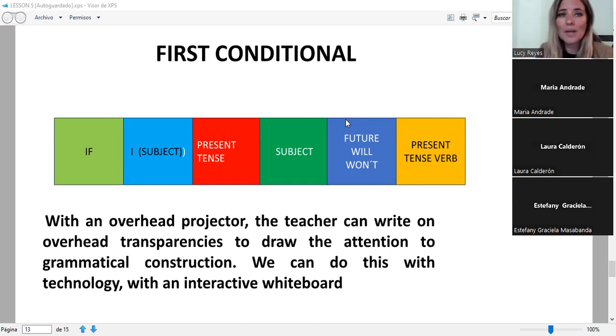When for example I teach the present tense, I always tell my students, subject, verb, and complement. Subject, verb, because they sometimes put the verb at the beginning because they think that it is the same, right? We can say compro frutas, and they start the idea with the verb buy, right?